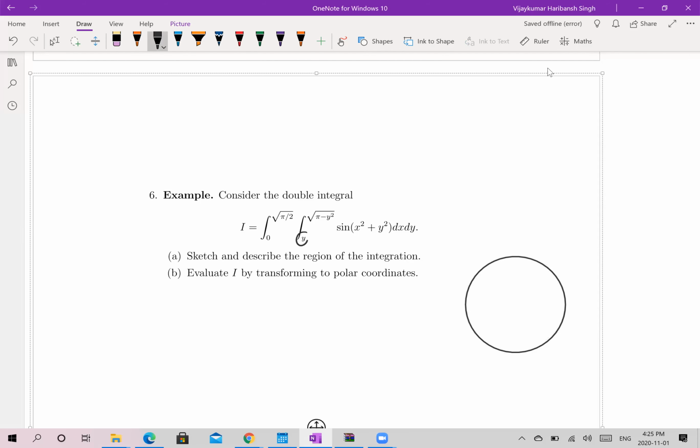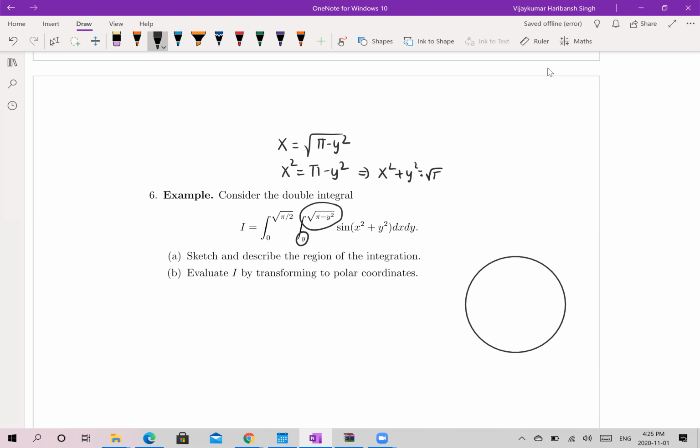So here, if you look, x is changing from y to x equals square root of pi minus y squared, which makes it look like x squared equals pi minus y squared. Yeah, so it's a circle of radius, sorry, square root of pi, right? This implies x squared plus y squared is square root of pi, the whole squared.